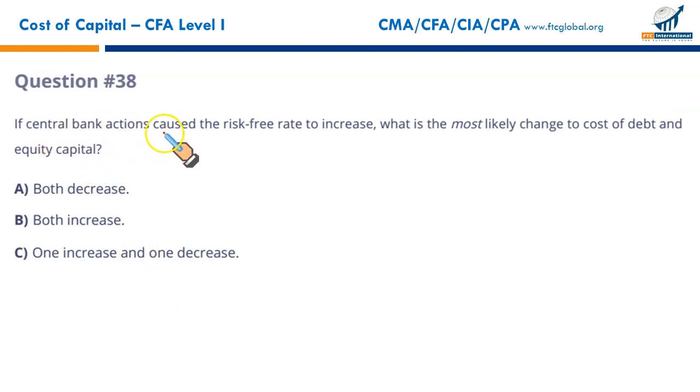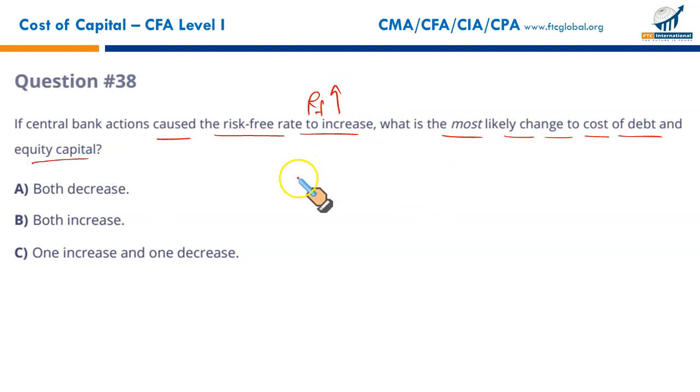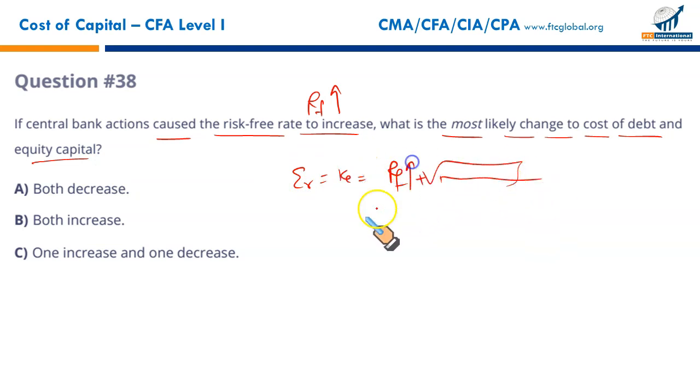If central bank actions cause the risk-free rate to increase, if RF goes up, what is the most likely change to the cost of debt and the cost of equity capital? Since we just saw that the expected return, or the cost of equity, depends on RF, when RF goes up, the cost of equity goes up.